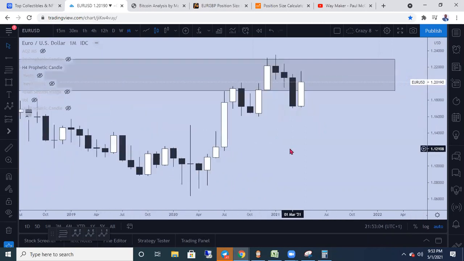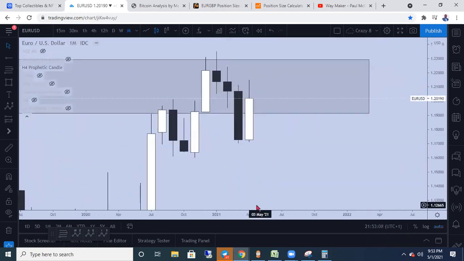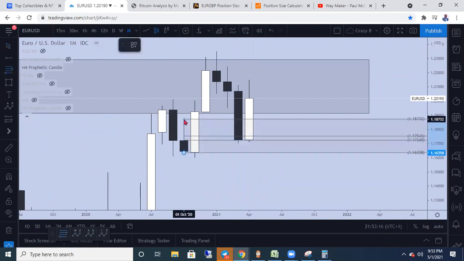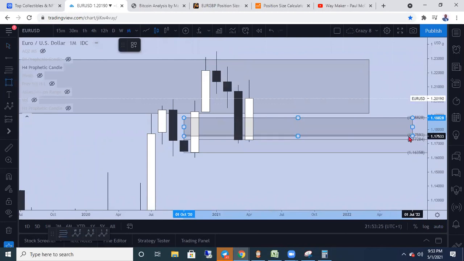Then again, on the same monthly time frame, I can clearly see this bearish candle and price push to the upside. So again, I could draw my AQZ fib. You see that? And now I know that this level here is a level for buying.